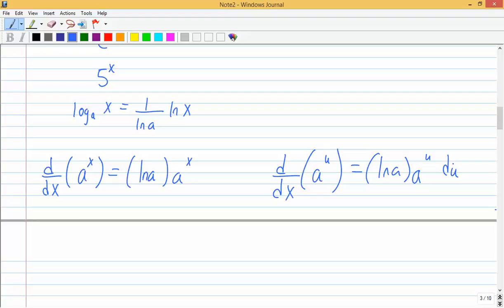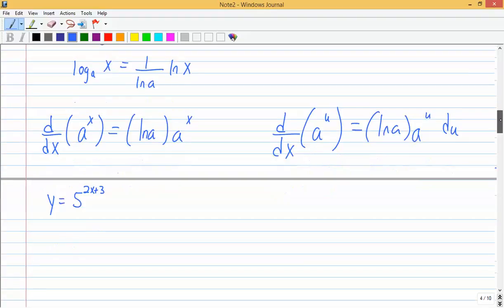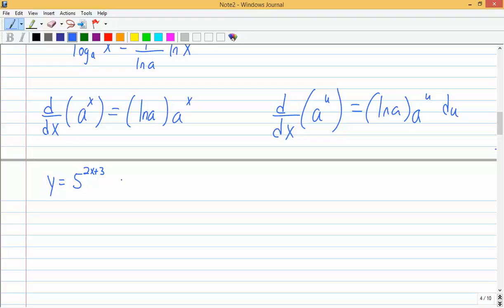Okay, so for example, let's say I have y equals 5 to the 2x plus 3 power. If I want to find the first derivative, then my u is equal to 2x plus 3, which makes my du equal to 2. Now to take this first derivative, I need to follow my formula.